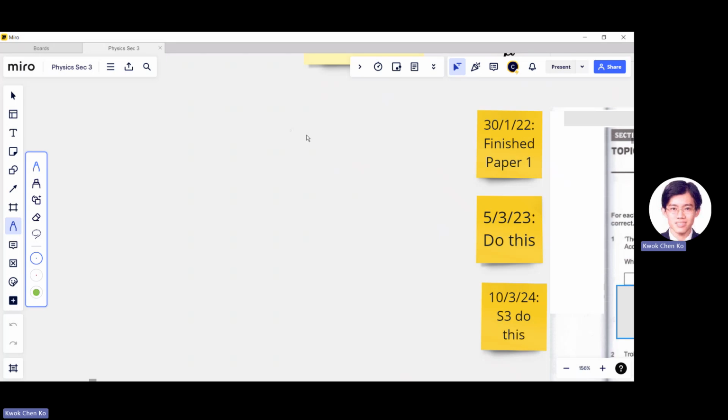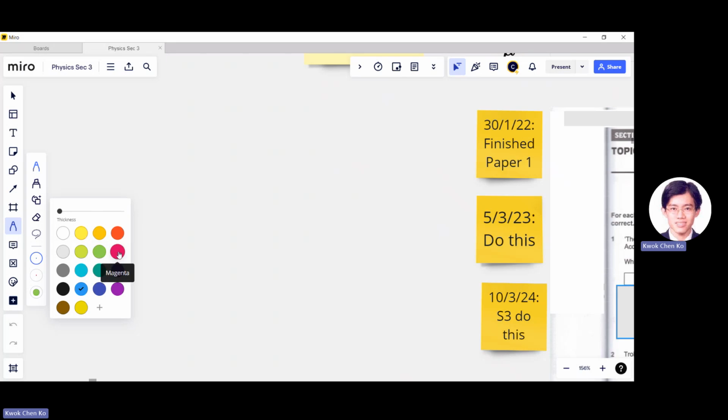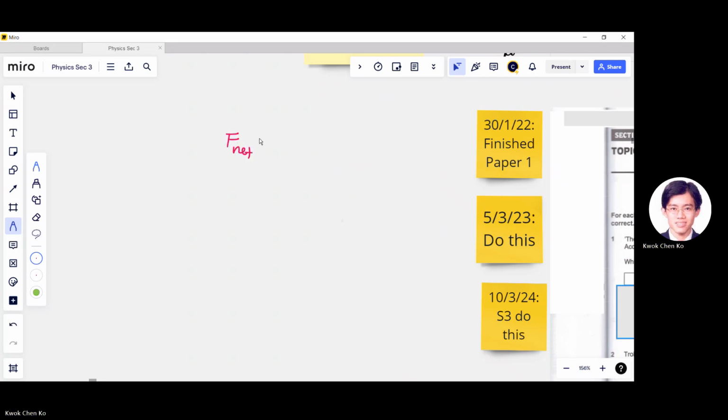The tricky part will be to decide how you want to interpret the question and identify the various forces at work. So formula-wise, I would say you don't really have much of a choice. So essentially, this is the only formula under forces.